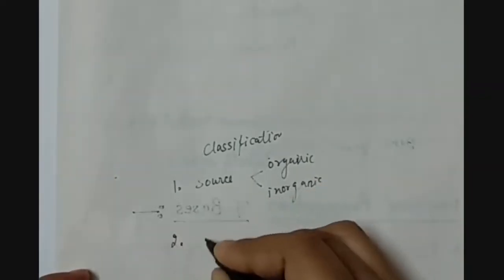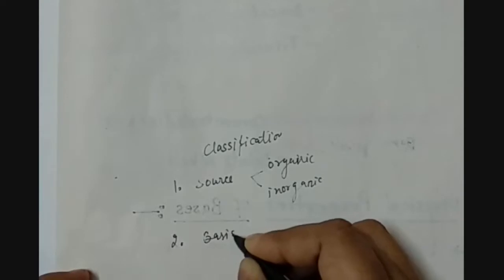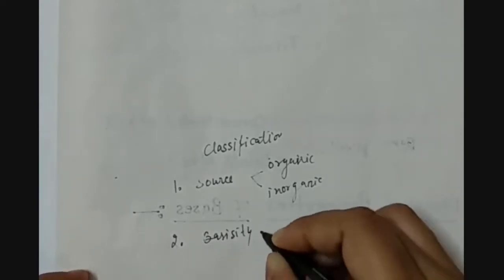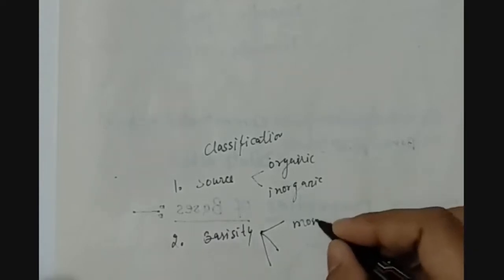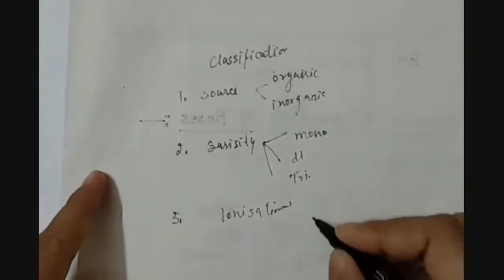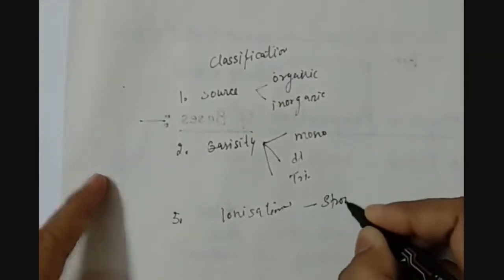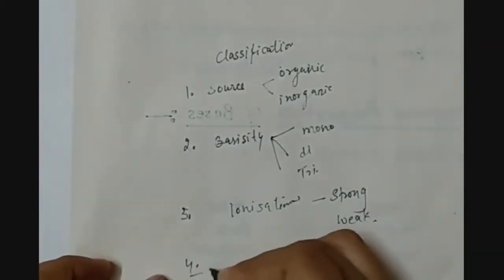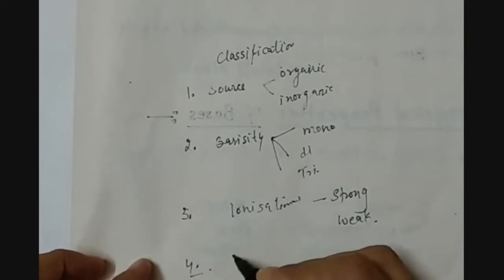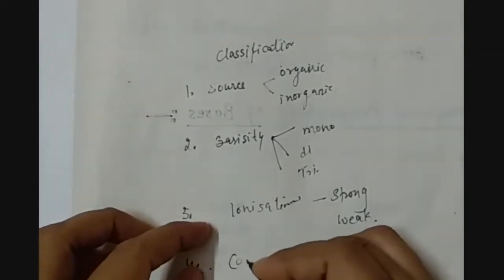Then we saw basicity: monobasic, dibasic and tribasic. Third category was ionization: we have strong and weak acids. And at the end we did concentration, so concentrated and dilute acids.